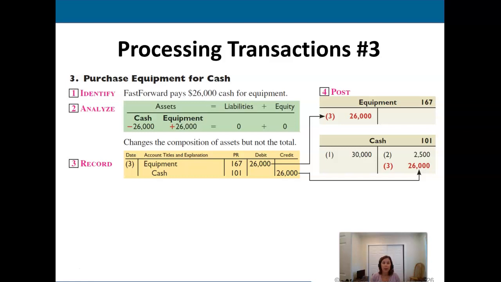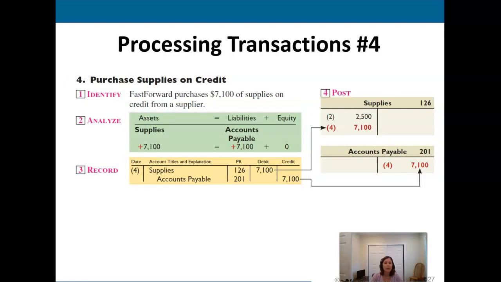But because we spent our cash, also an asset, and the balance goes down, that's going to be a credit. And we will then take those entries over here to the individual accounts, and we will record in our equipment account a debit for 26,000, and in cash a credit also for 26,000. And I think that probably leaves us with about 1,500 in cash left over, if I'm doing the math correctly in my head.